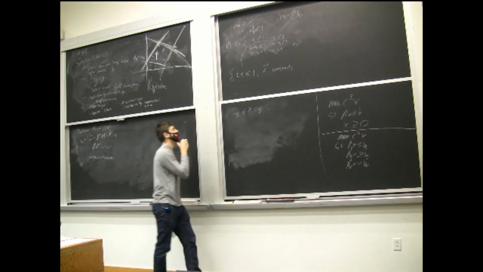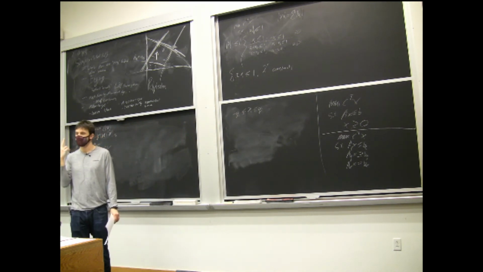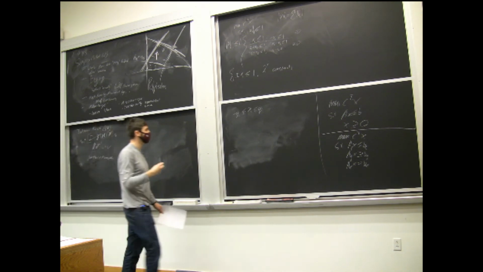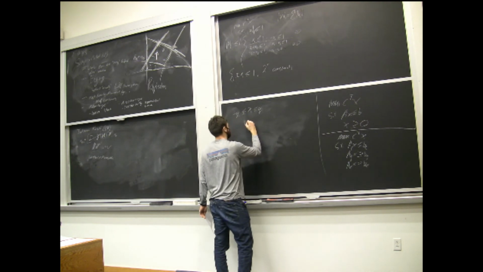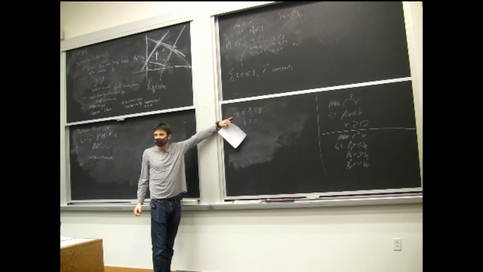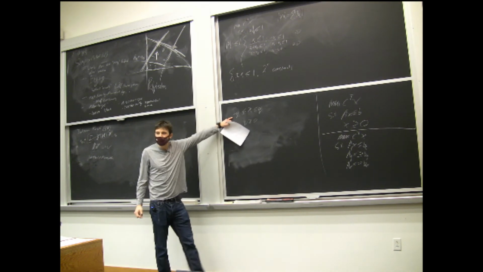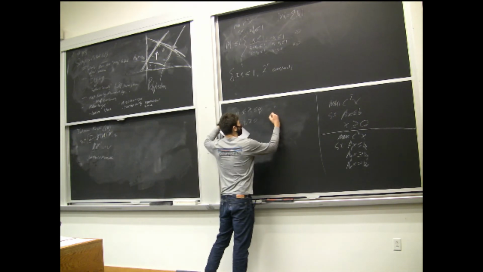So xi needs to be between the positive version of this variable and the negative version of this variable. How many constraints is this? This is n, and this is n, so this is 2n.